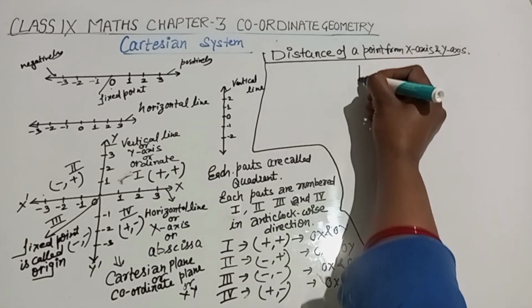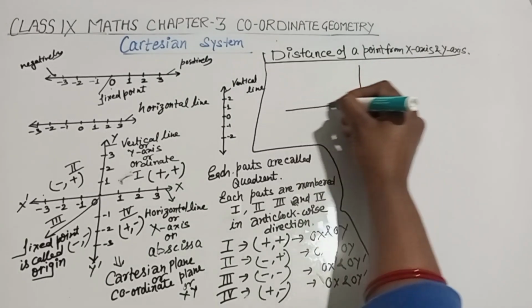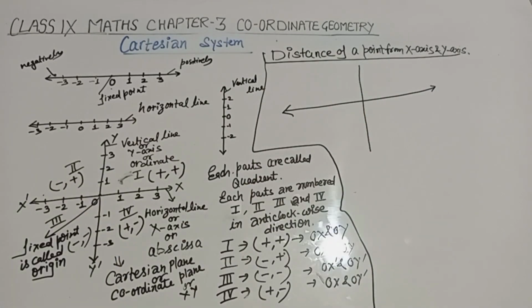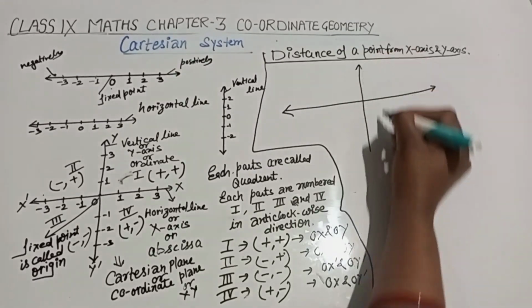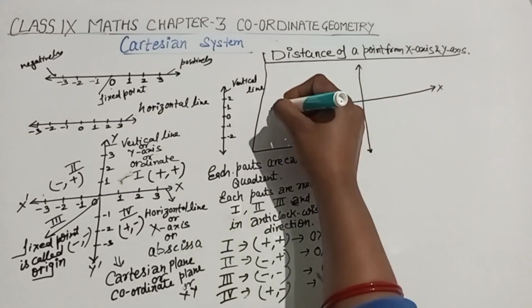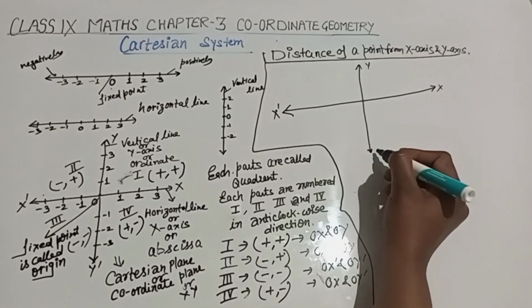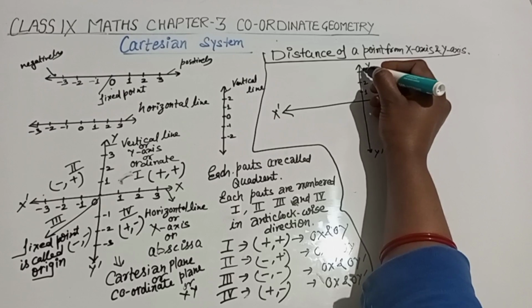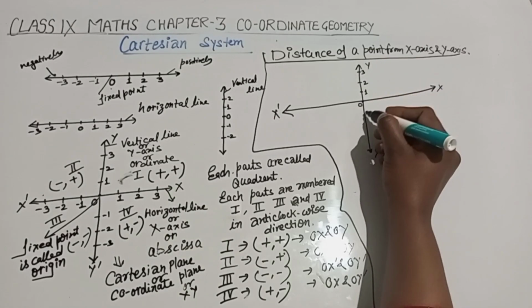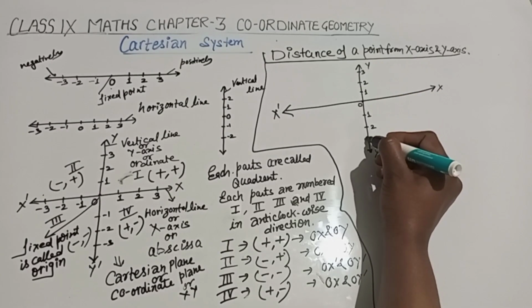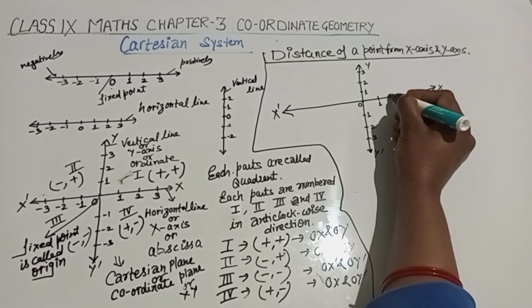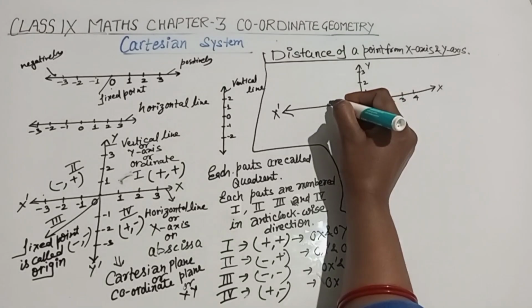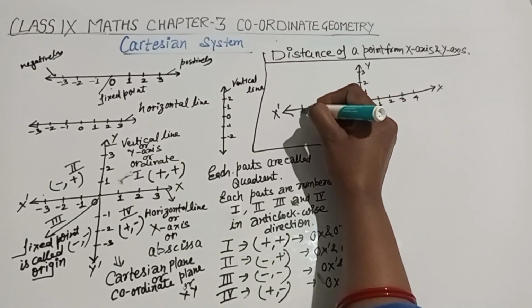Now I take an example. Here is a Cartesian plane or coordinate plane. Here are x dash, y dash, and the marks 1 2 3, 0, 1 2 3 4, 1 2 3 4.